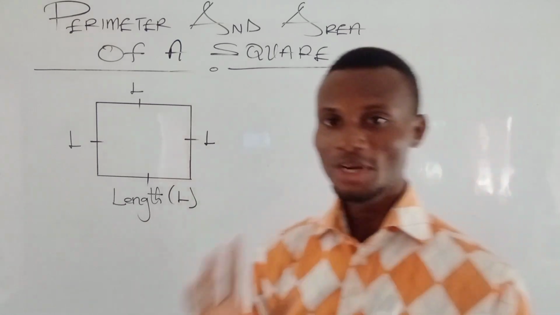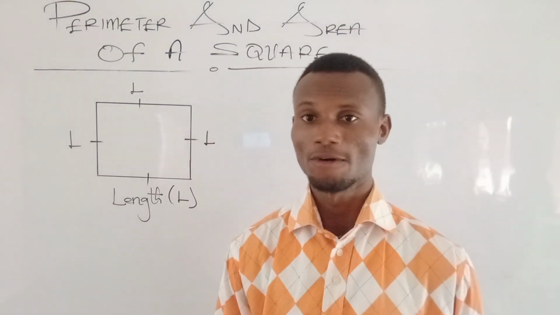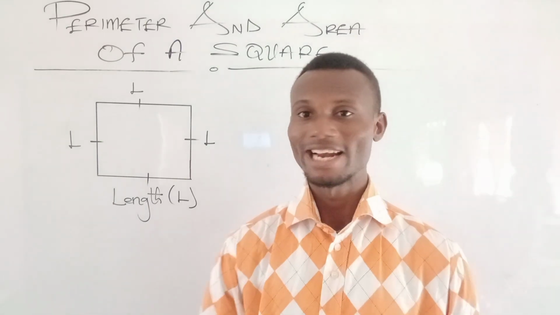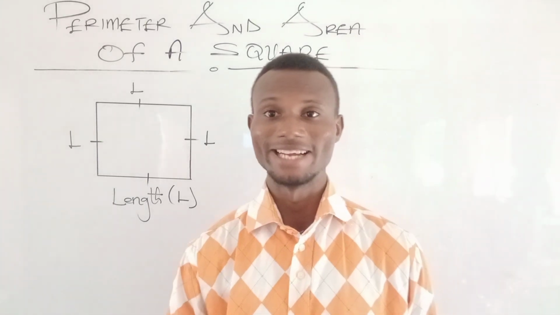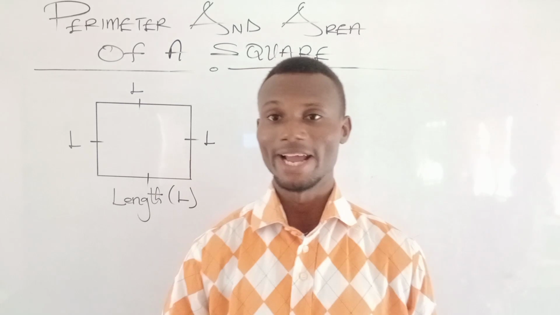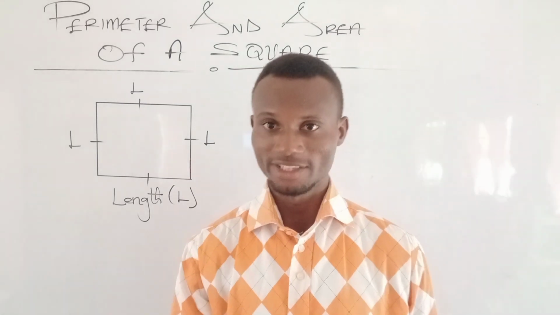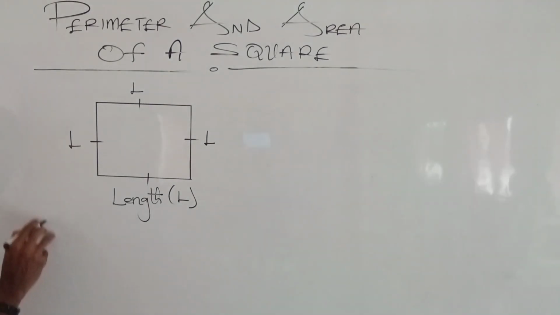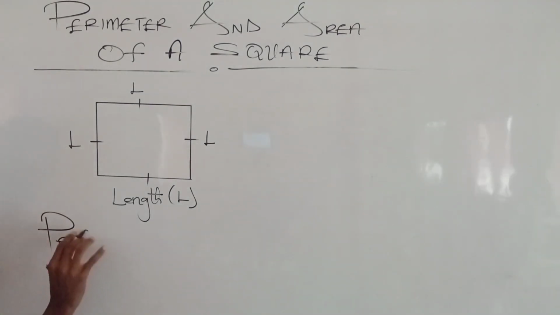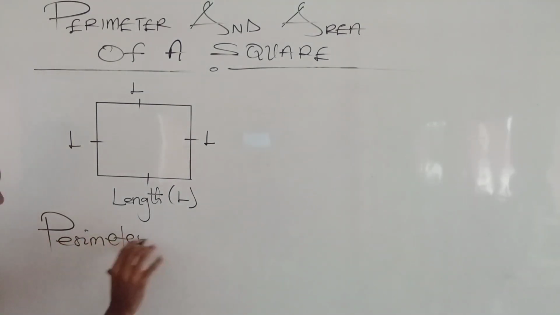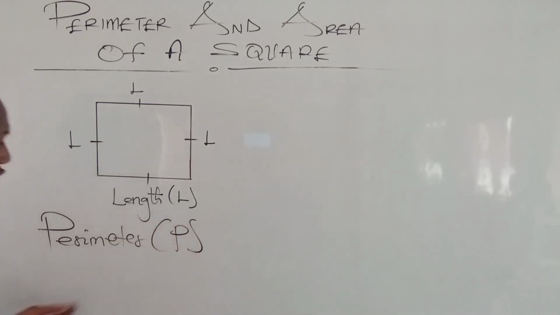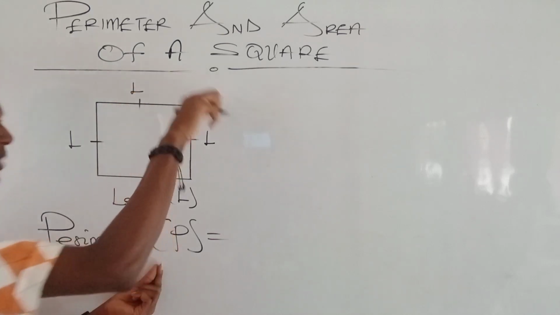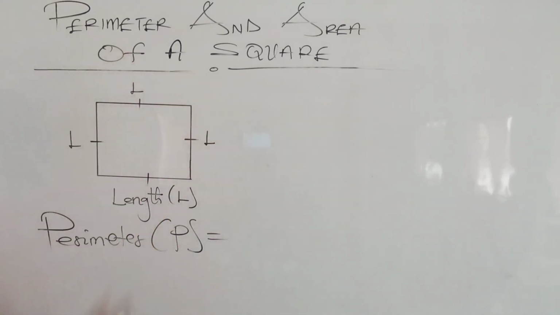Now let's derive the formula for the perimeter of a square. Now we said that the perimeter of any plane figure is simply the summation of the distance around it. So let me write my perimeter, in brackets P. Perimeter P is going to be the summation of the distance around it.